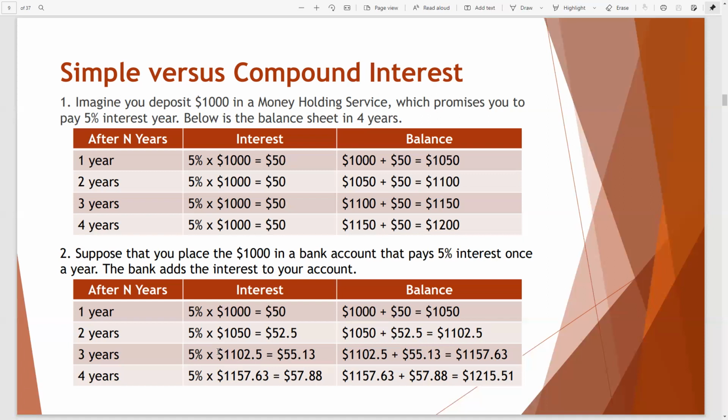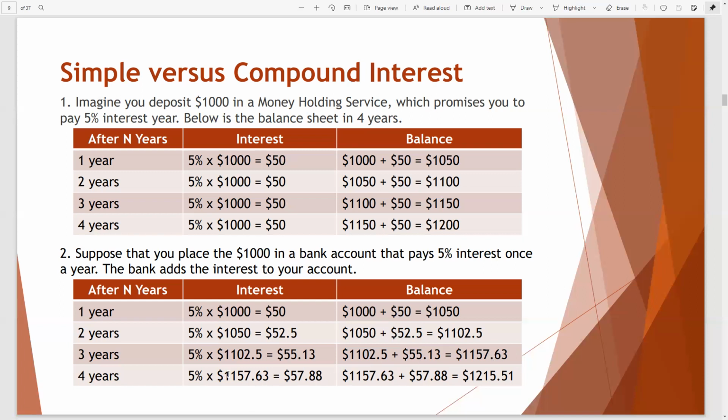Same logic, at the start of year 3 you have $1,102.50, and 5% interest is applied to the total balance to get a new interest amount of $55.13. And the interest is added to the balance of year 2 to get the total balance of year 3. That's $1,157.63.